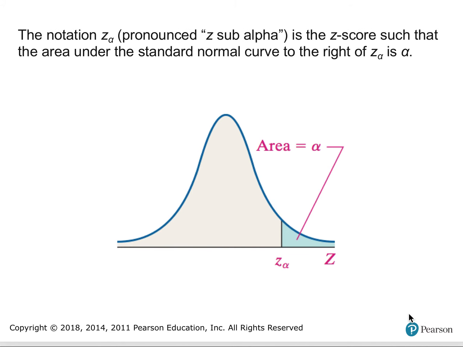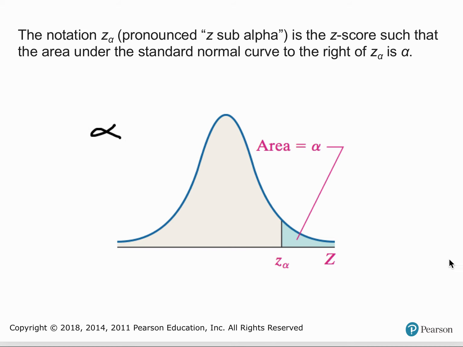Okay, so in the upcoming chapters, we're going to need to find the z-score that has a specified area to the right. So we've got a special notation to represent this situation, and it is called z sub alpha. That's the alpha symbol, another Greek letter.